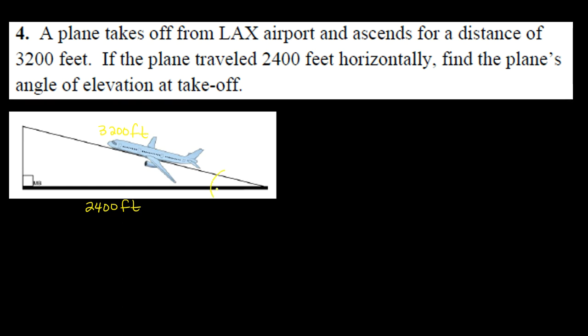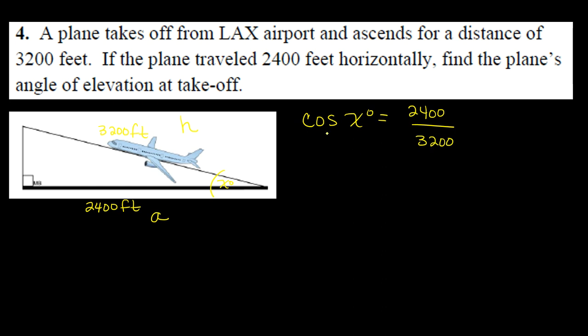So this time we're going to be looking for an angle measurement. So with the information given, we have adjacent and hypotenuse. That's going to be cosine. So the cosine of some angle is equal to the adjacent side over the hypotenuse.